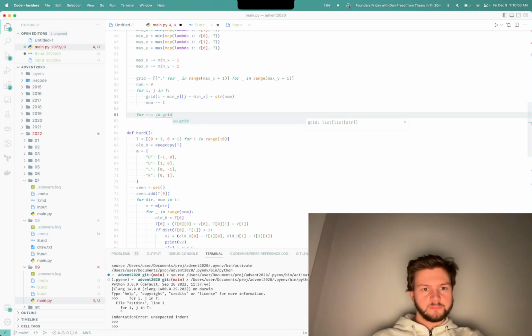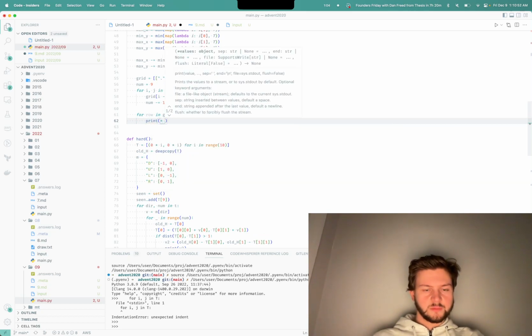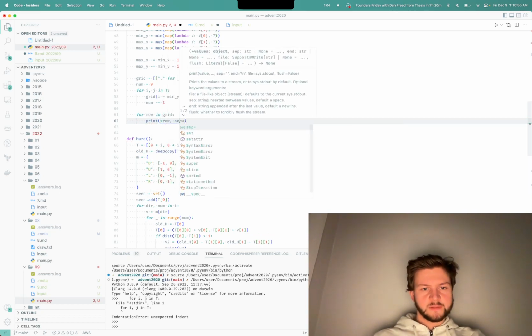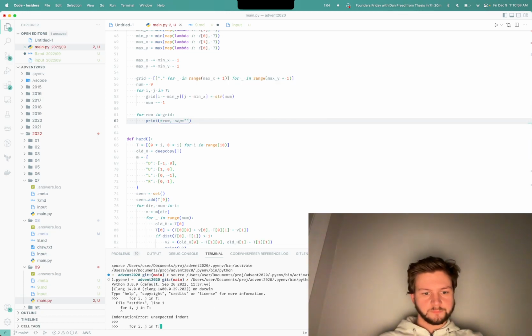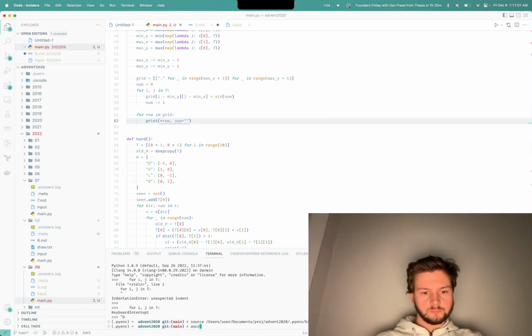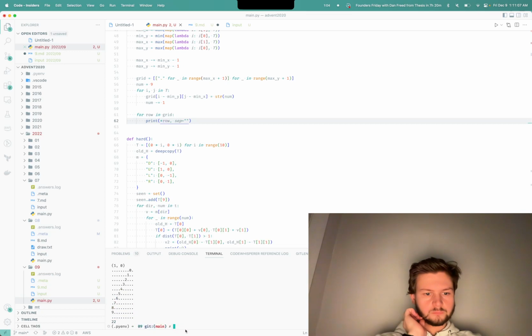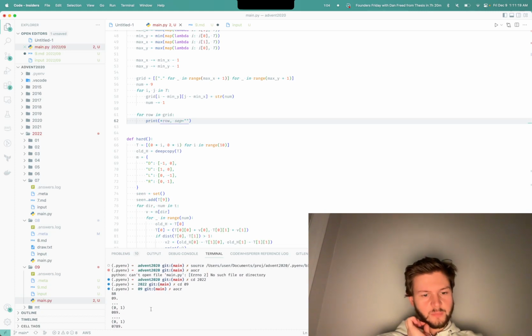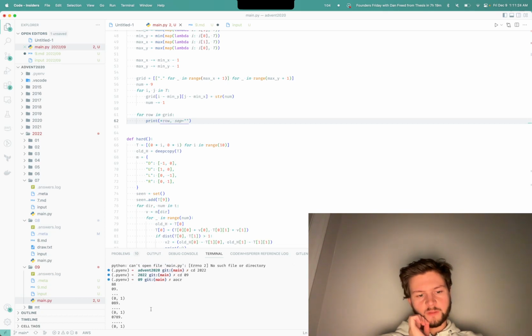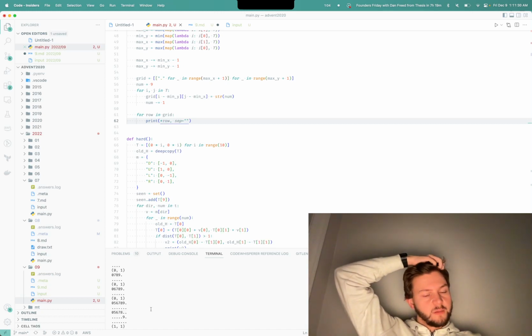For row in grid and row step. Okay, looking pretty good. So at first, everything is together. Then it's moving to the left, moving up.